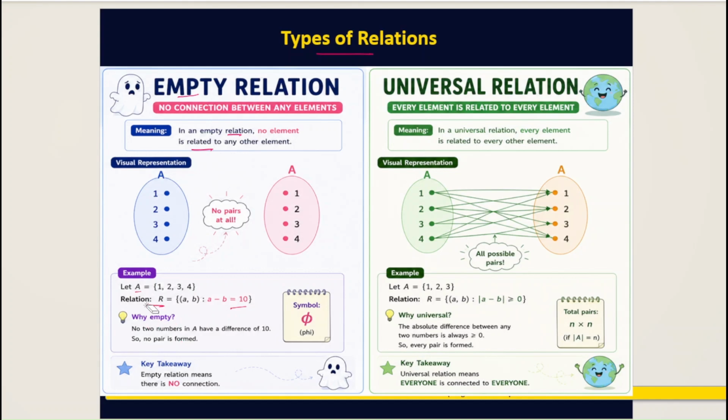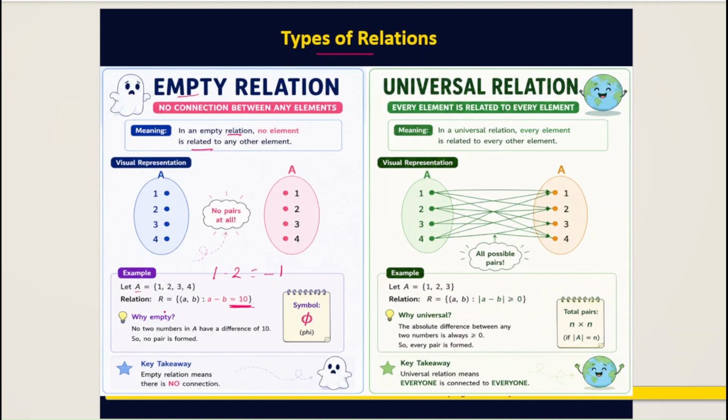So if you are taking two numbers, let us say 1 and 2, then 1 minus 2 is equal to minus 1. It is not 10. The condition is that we should select any two objects or elements whose difference is 10. So in 1 to 4 there is no pair with a difference equal to 10. The highest difference can be 4 minus 1, that is 3.